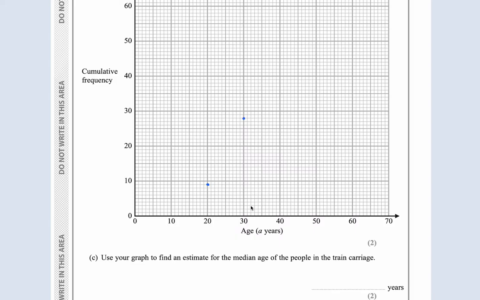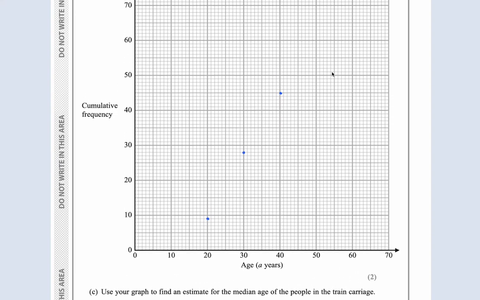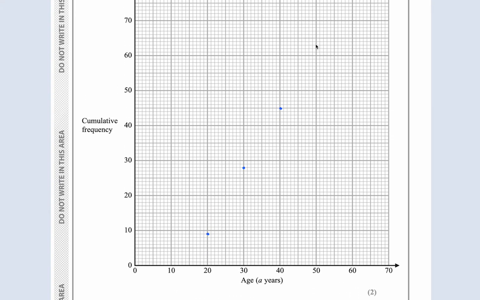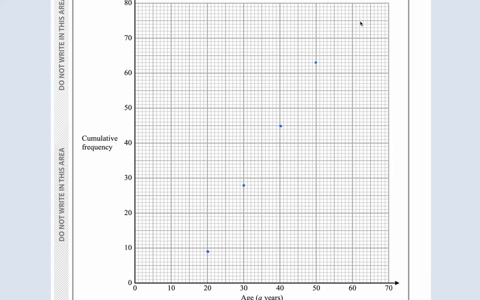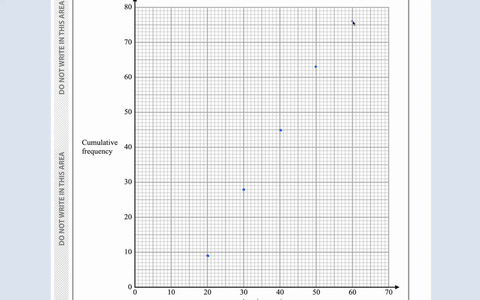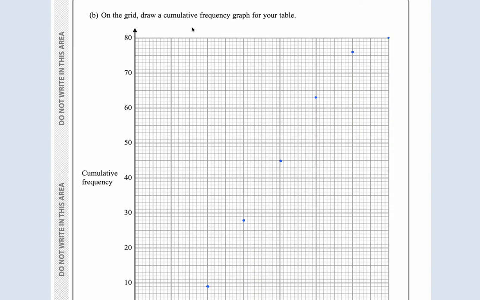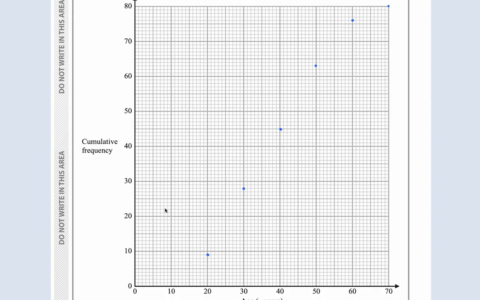Then I do 40, 45. This is again from my table, guys. 50, 63. 60, 76, and then 70, 80. And he wants me to draw the graph, so I have to join them all up, and I have to also start from 0, 0.